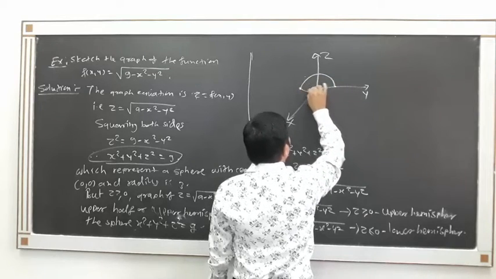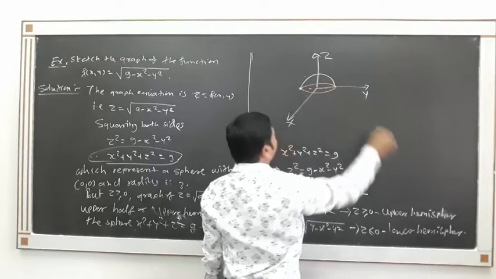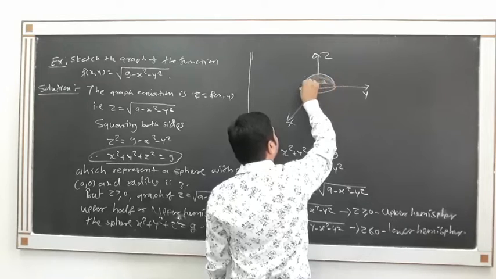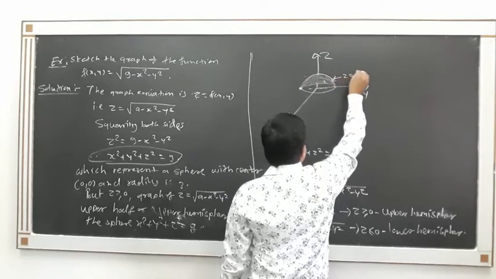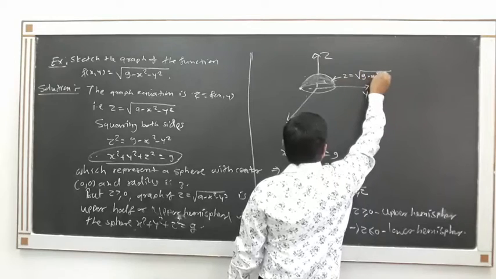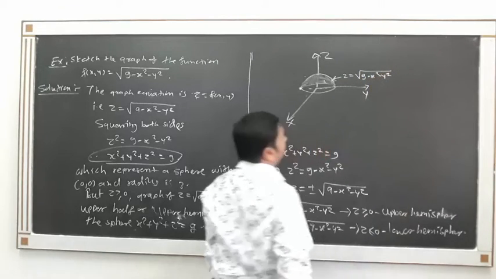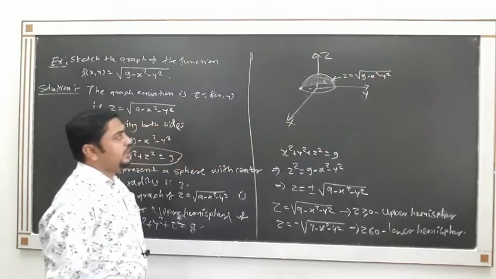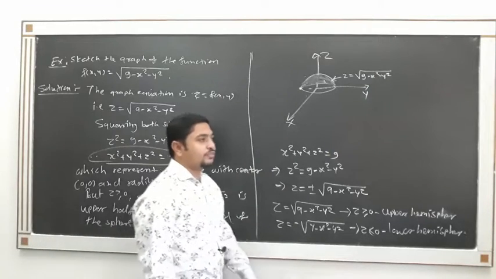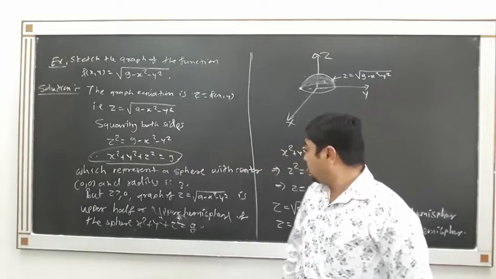So you can try to draw our sphere. The graph of this function, z is equal to the square root of 9 minus x square minus y square, is the upper hemisphere of the sphere x square plus y square plus z square.